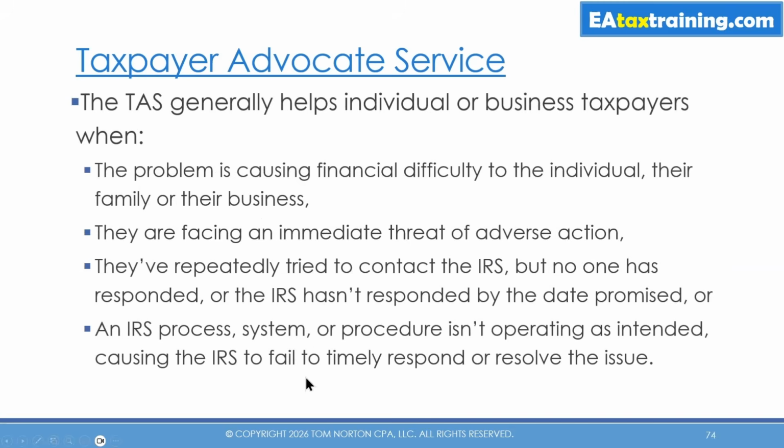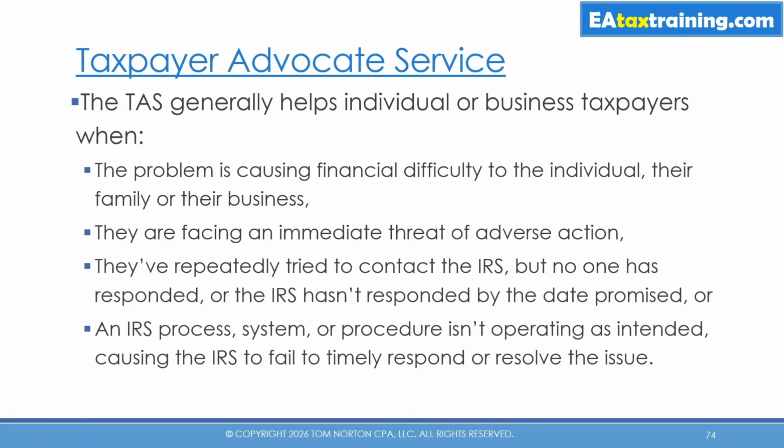So specifically, what can they do? Well, they can help individual or business taxpayers when there's a problem that is causing financial difficulty to the individual, their family, or their business, or they are facing an immediate threat of adverse action. So maybe the IRS has already placed a lien on some bank accounts, or they're threatening to place a lien on some bank accounts.